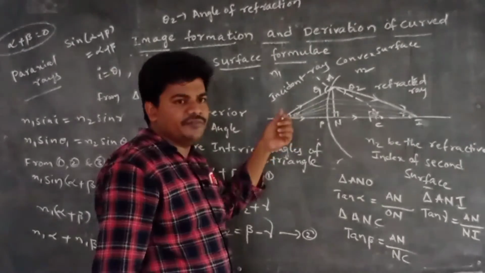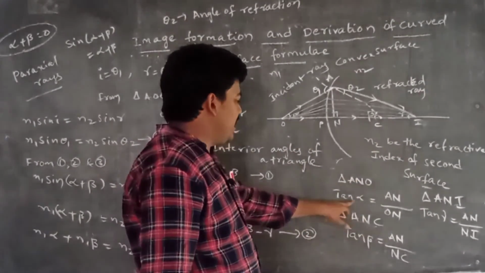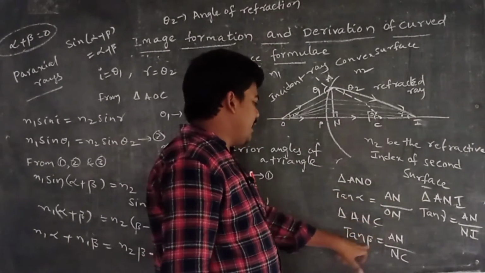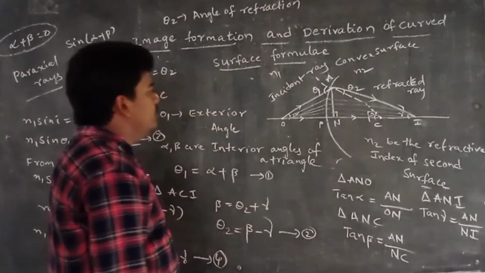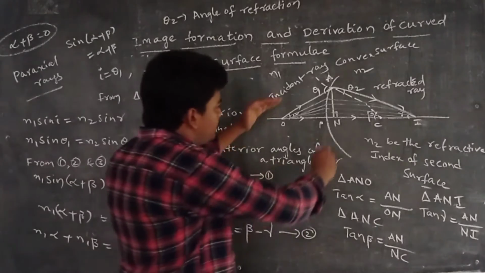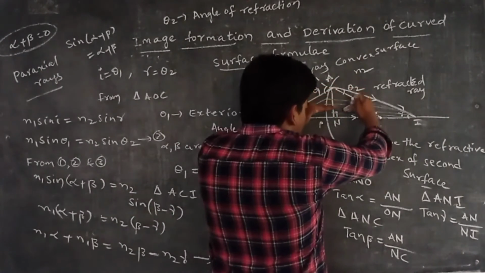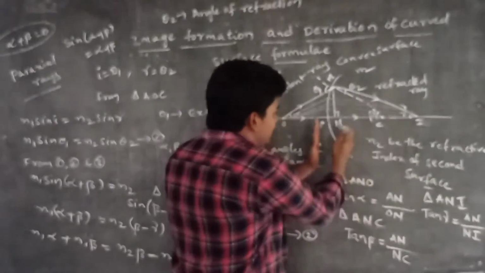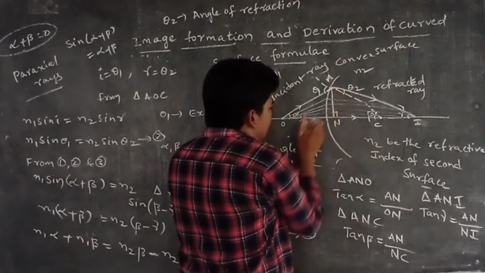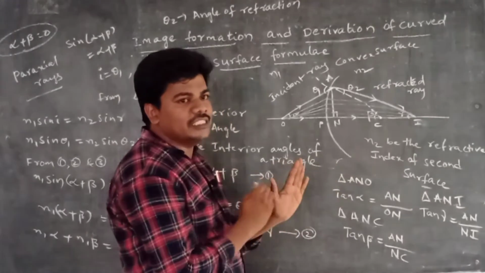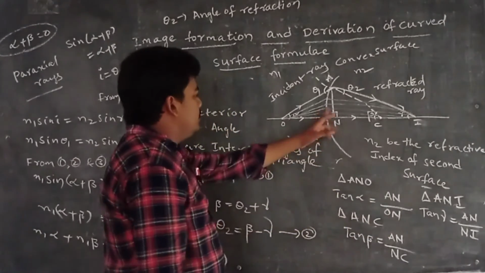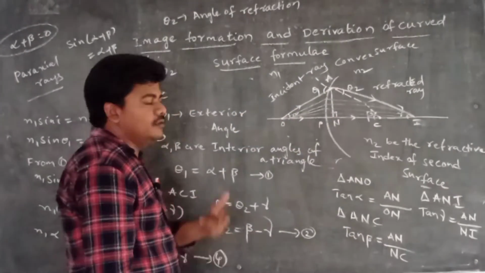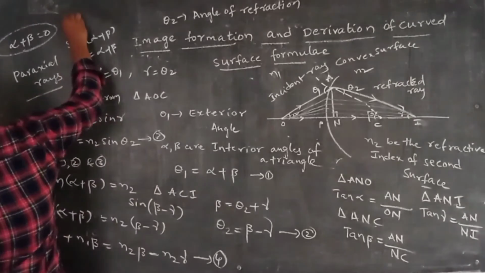For those values, tan alpha becomes AM by OM, tan beta is equal to AM by NC, tan gamma becomes AM by NI. The perpendicular AM becomes AP. AM coincides with AP, right?